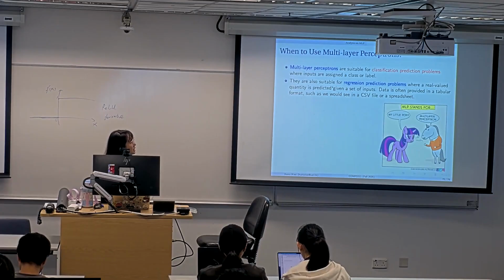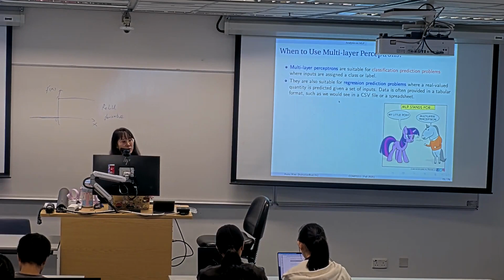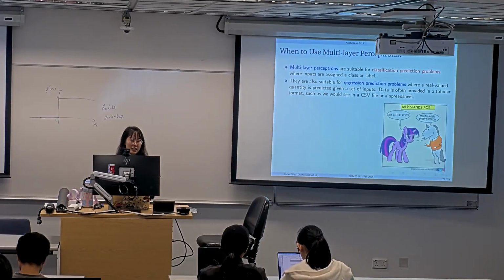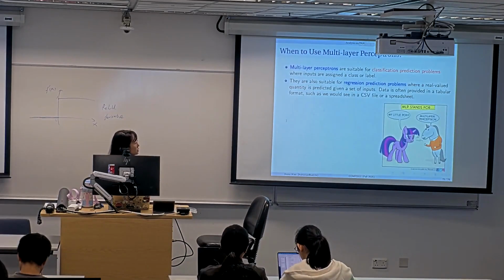In this case, a real valued quantity is predicted given the set of inputs. And the data is often provided in some tabular format, such as a CSV file or a spreadsheet. Actually, we know we can use pandas to deal with data. And for regression problems, the output layer's activation function usually is a linear activation function, which we have just summarized here. So MLP can be used for both classification and regression.